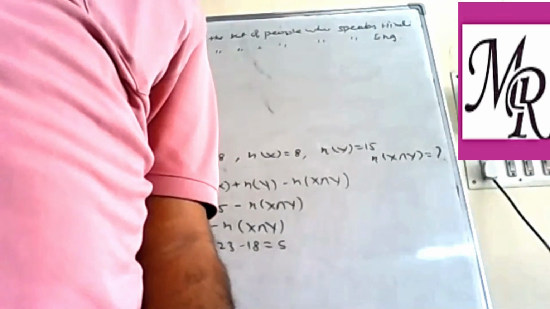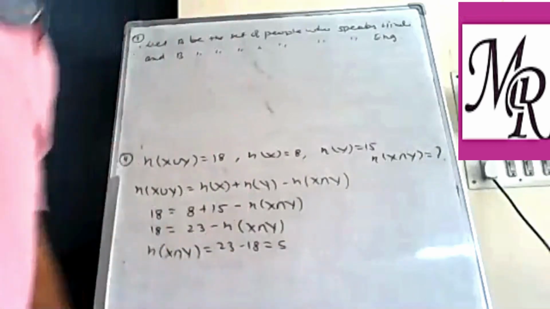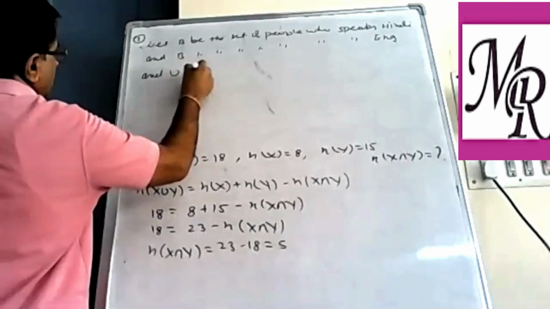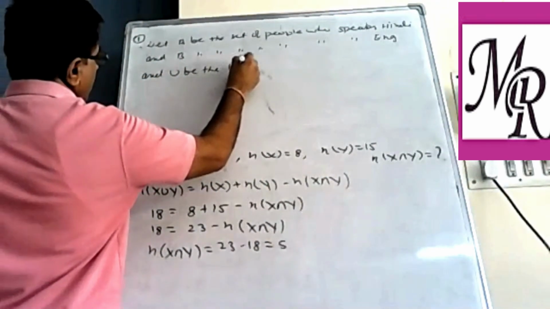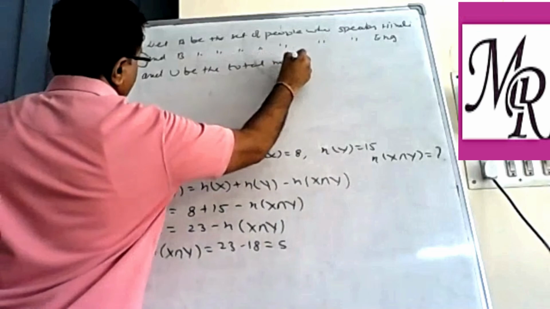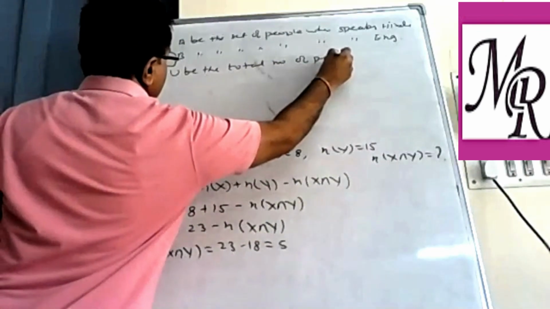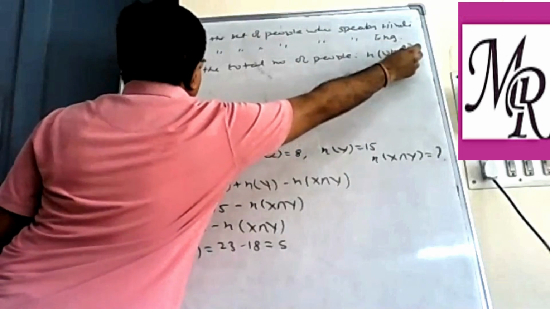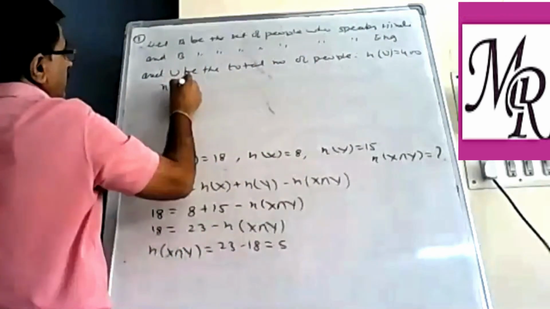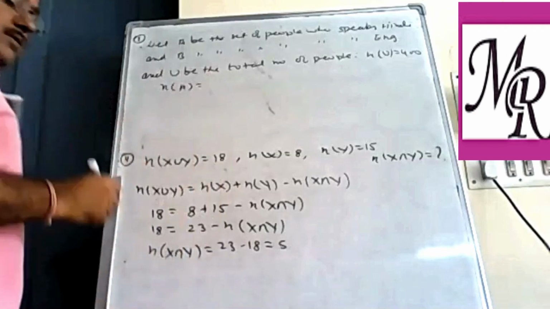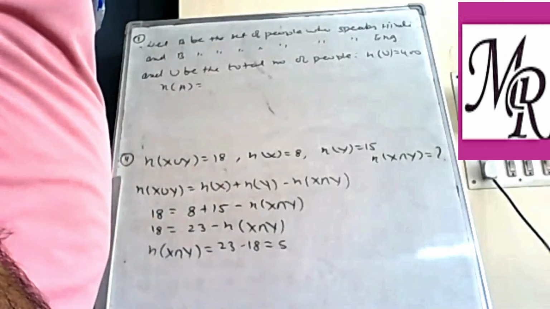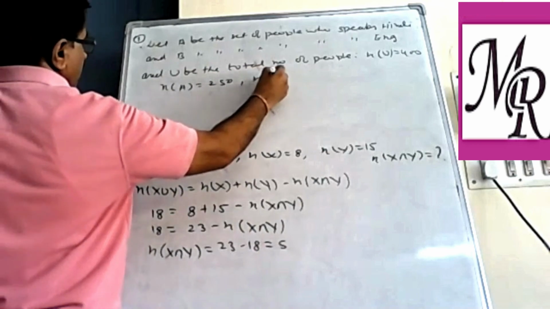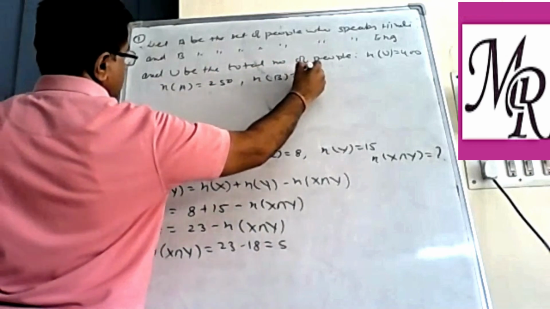And total people are given as U, the total number of people. That is number of U equal to 400, number of A that is speaking Hindi 250 and number of people who speak English 200.